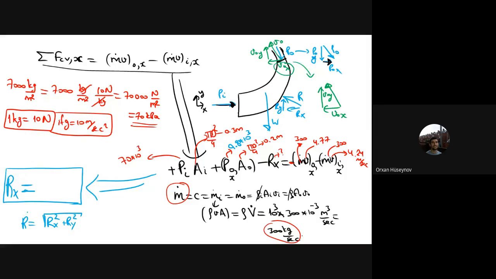Remember it is the reaction force by the elbow on the fluid. Because the fluid changes direction. Even if it doesn't change direction, if the magnitude changes, then you will again have a force. That force is the reaction force of the elbow.